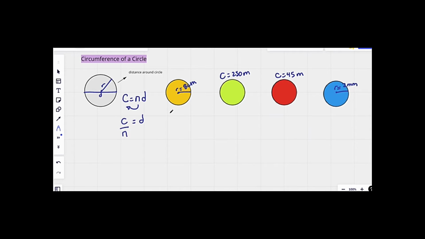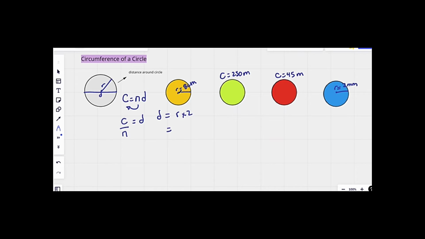Our first one is very simple. We've got to calculate the diameter, and we're given a radius of 8 centimeters. So how do we calculate diameter when we have a radius? Well, it's radius times 2, because the radius is only half of the circle, half the distance from one side to the next.